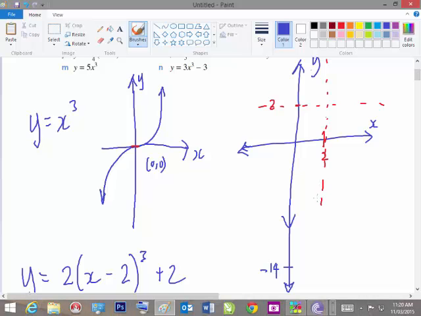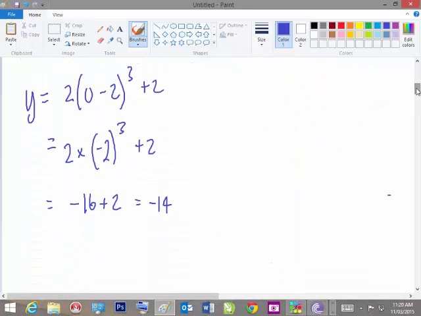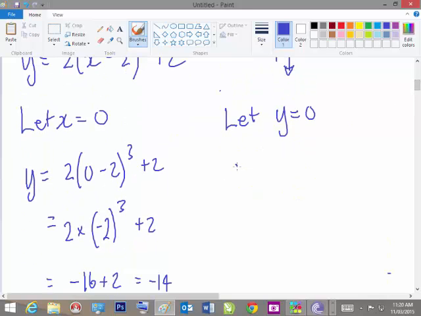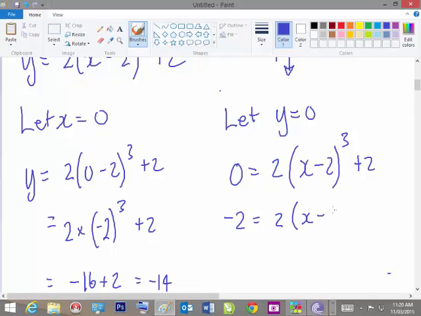Now I need to find out where it crosses the x-axis. In that case, I let y equals 0 and solve. So 0 equals 2(x minus 2) cubed plus 2. I transpose this, so negative 2 equals 2(x minus 2) cubed.